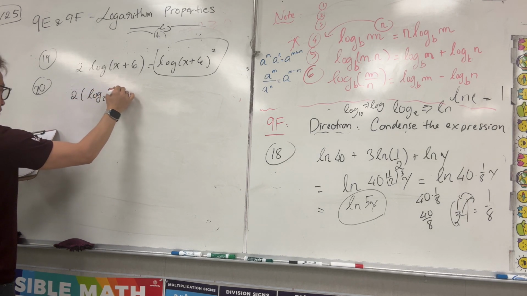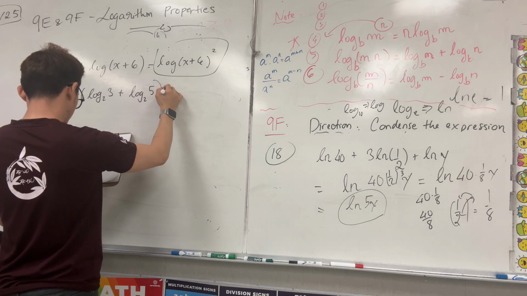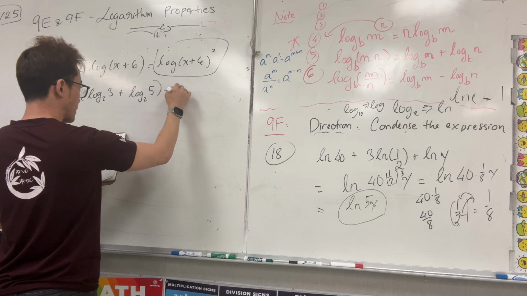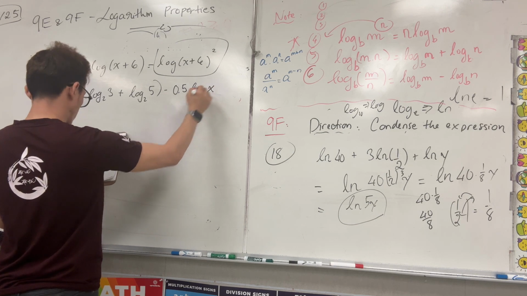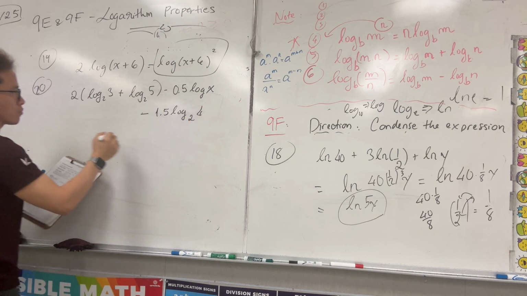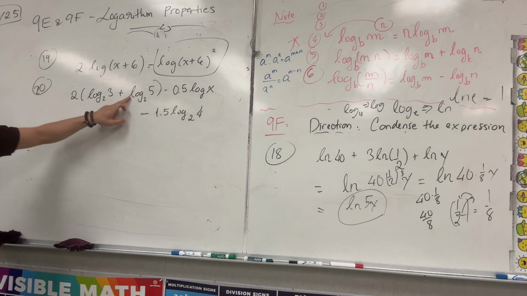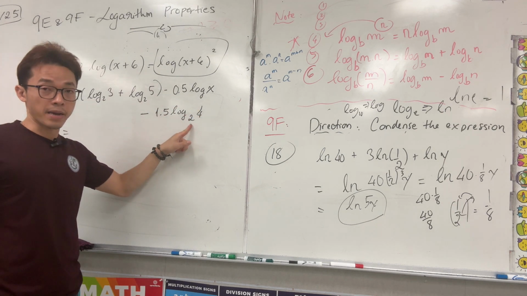Maybe just 2 more. I'm going to give you just 2 more. So 2 times parenthesis log base 2 of 3 plus log base 2 of 5, minus 0.5 log x, minus 1.5 log base 2 of 4.